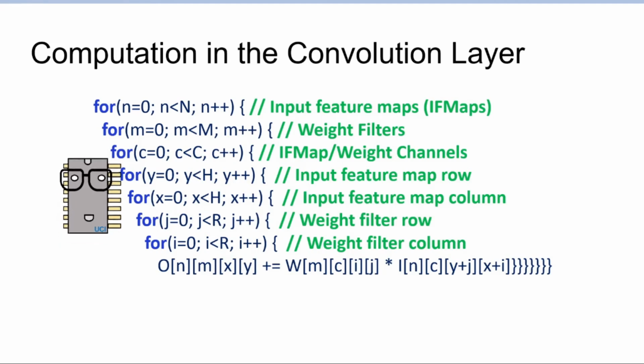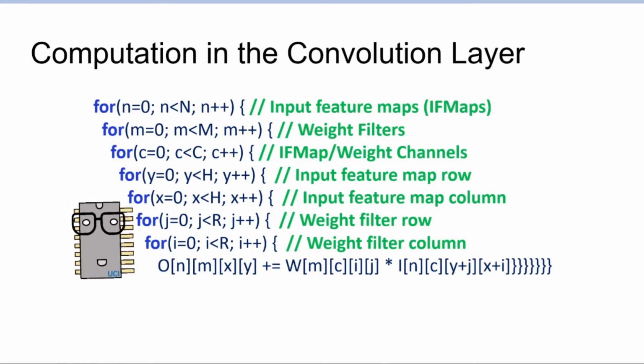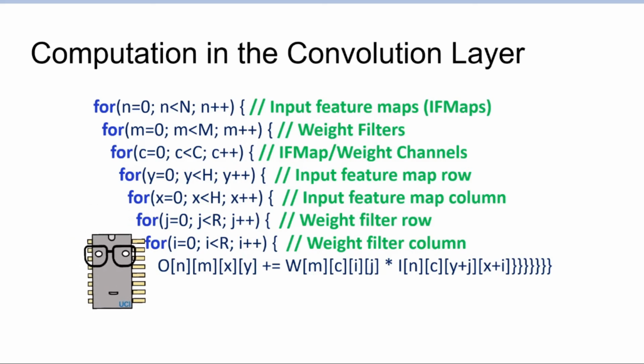For each input channel application, we loop through the rows and the columns of the input image, so we're looping through the entire channel. And for each location in the image, we're also looping through the filter row and the filter column, because we have to use all of the weights of the filter to determine a single position in the output.